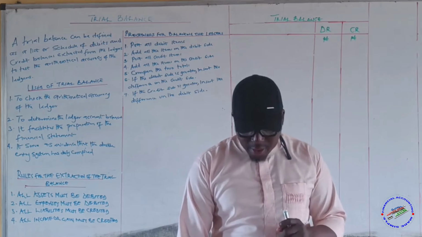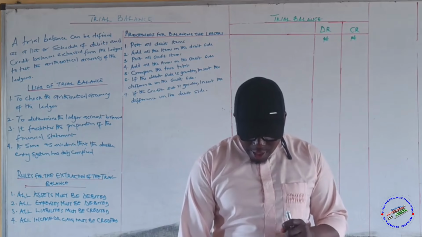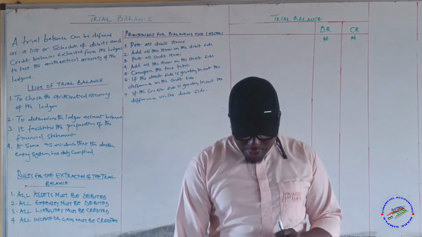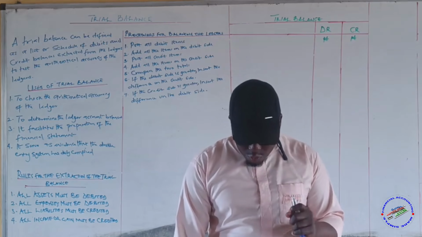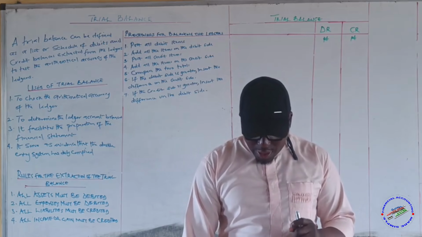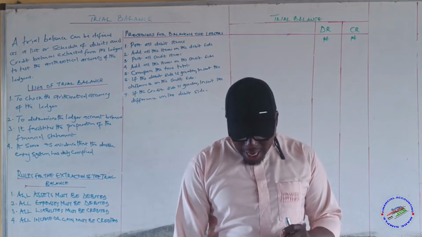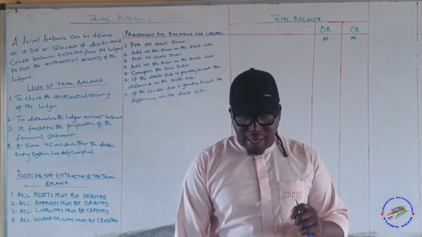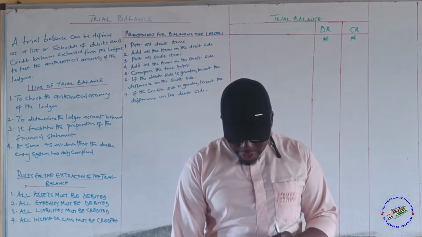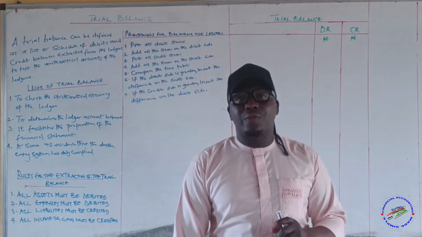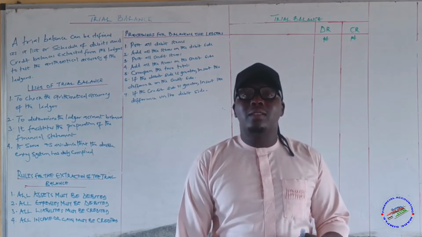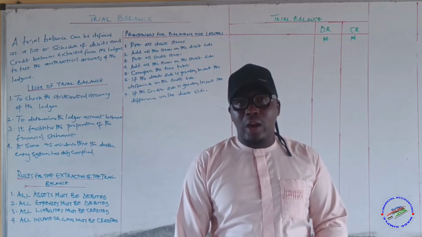Furniture and fitting, 350. Debtors, 3,896. Creditors, 1,731. Cash at bank, 482. Drawings, 1,200. From this set of items, we are expected to draw up a trial balance.